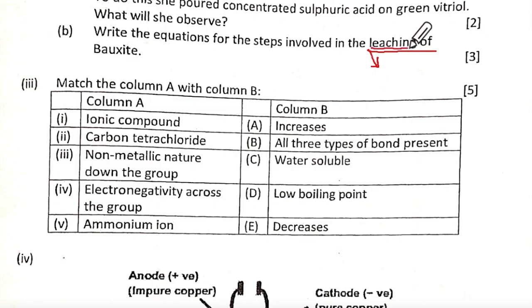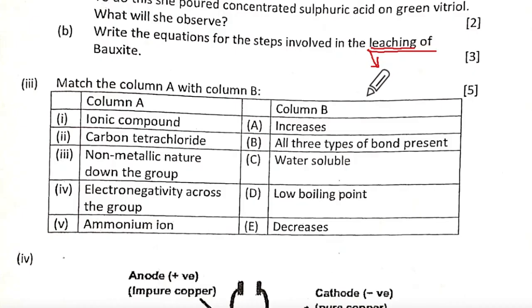That's the word I'm looking for. In soil, leaching is when minerals in the soil get washed below the soil due to acid rain.